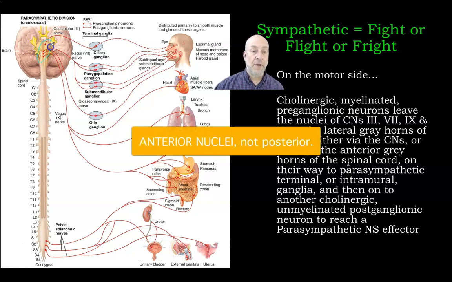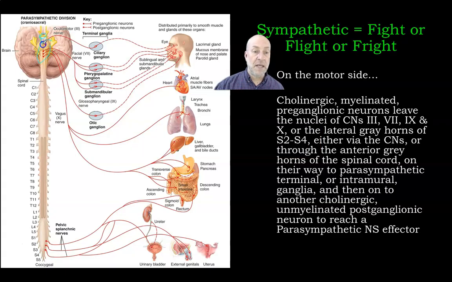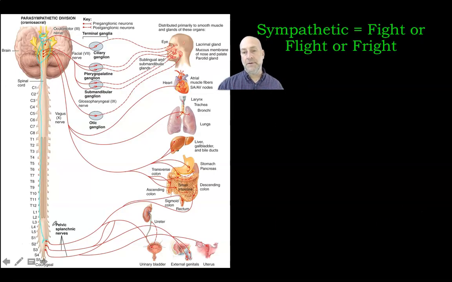So the posterior nucleus of the hypothalamus is pinging these four right here. I'll show the top two, but it's running all the way down, and it's pinging these three down here, the sacral S2 to S4, right? And that's how you're going to accomplish parasympathetic motor action at the effectors.